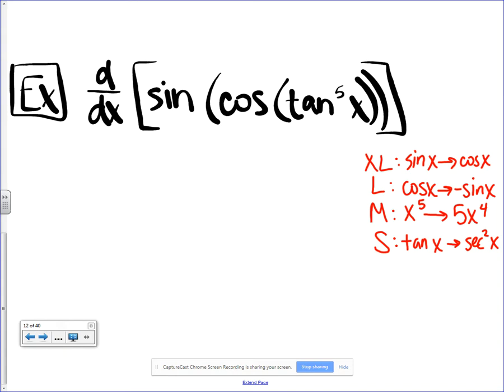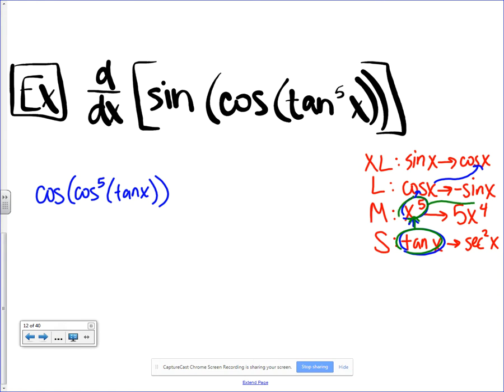Big derivative. And I need to put all of these into that big derivative. So this will be the cosine of the cosine to the 5th of tangent x. Now I have to take the large derivative and I have to put both of these into there.